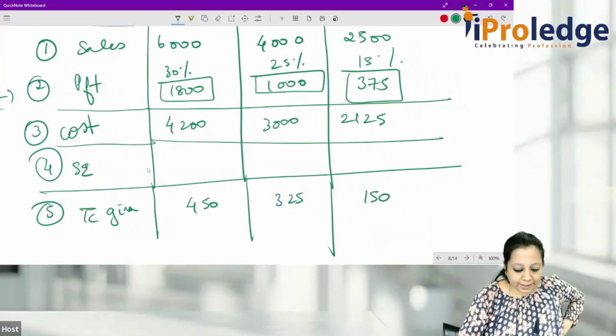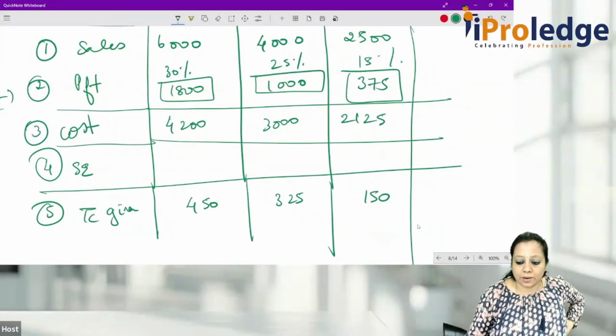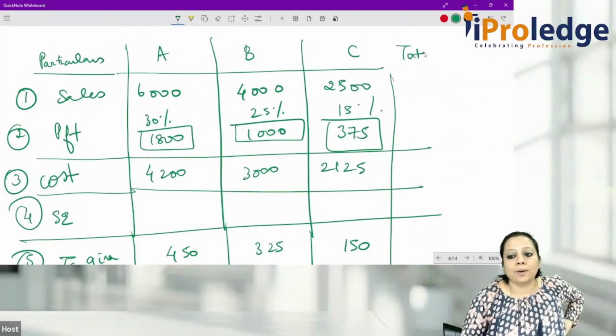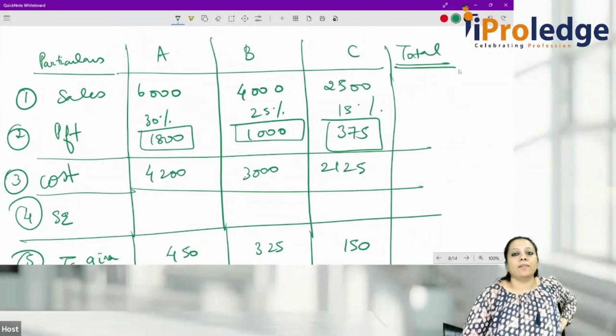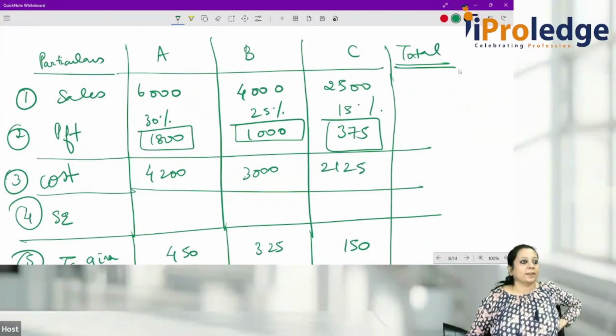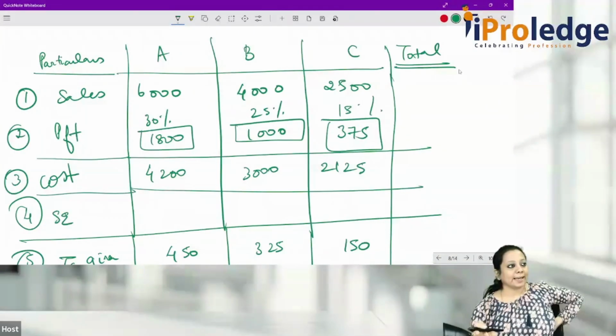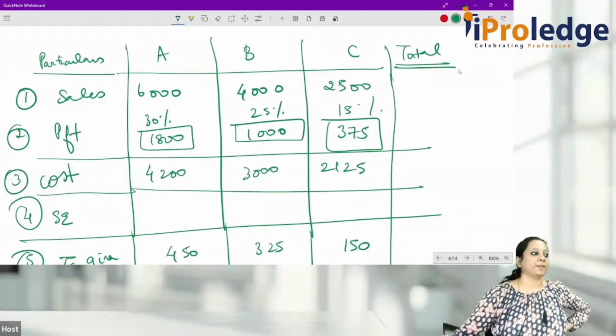So for that, what we need to do is we will have what is called the total column. Let's be realistic. Although we have done it in the class, now only we will know at which point it will strike us. Because the percentage, total sales, total selling expenses, that percentage I will take and apply it for all the products.